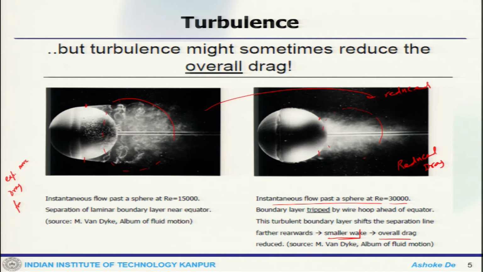So, they try to make one side turbulent, where the separation point shifts towards the rear point, and the other side remains laminar, where it separates earlier. So, in one case it separates from here and in the other case it separates from here. Obviously there would be an asymmetric force.